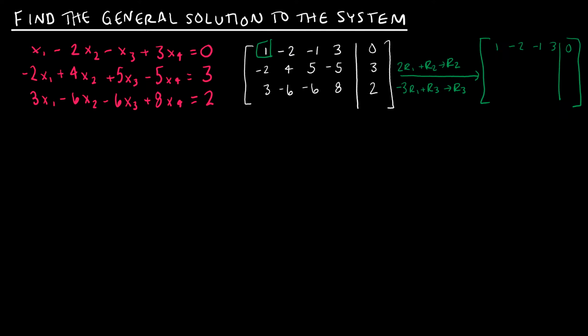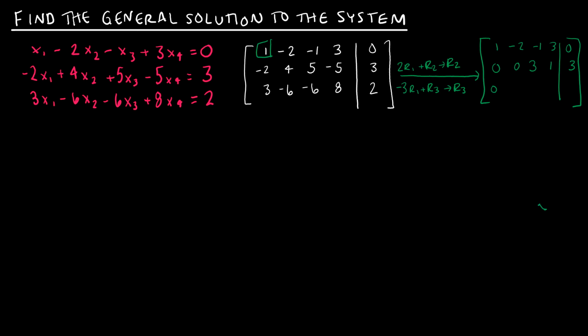So my new row 2 is to take 2 times 1 plus negative 2. 2 times negative 2 is negative 4 plus 4. 2 times negative 1 is negative 2 plus 5. 2 times 3 is 6 plus negative 5. And then 2 times 0 is 0 plus 3. And row 3 would be negative 3 times 1 plus 3.